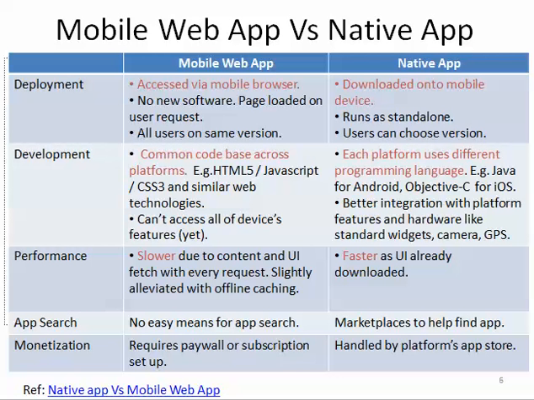Now, let's make the difference between what we call a native app and a mobile web app, because that's the part that may be confusing. In a native app, you are developing in the specific platform. For example, for iOS you're using Objective-C, and for Android you're developing in Java. You're creating an app that is specific for that platform.